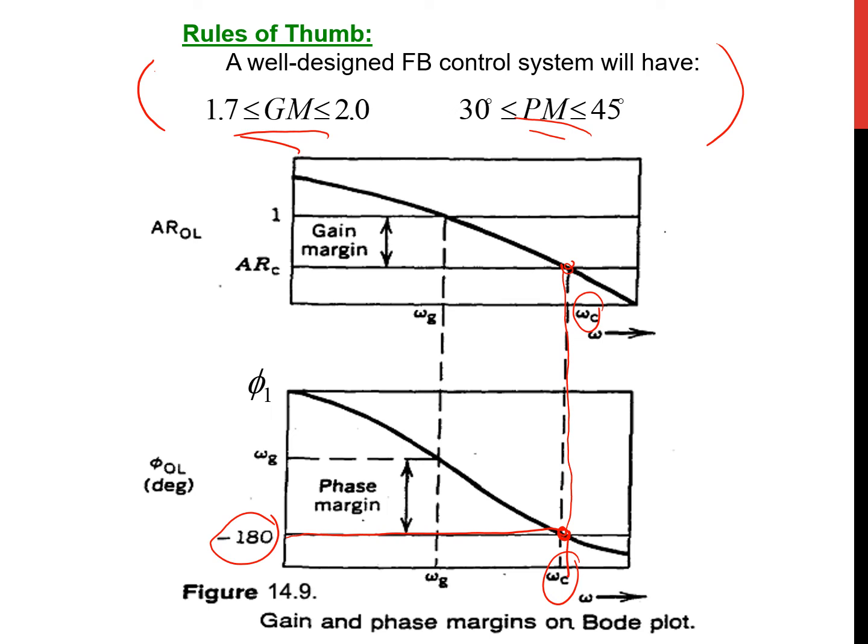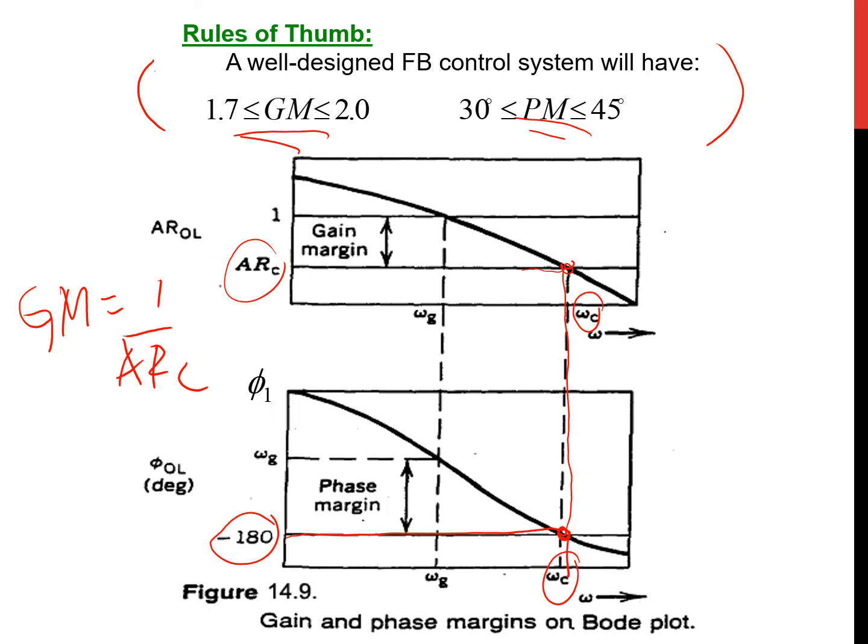So you reach the WC, then move to the AR line, and you get your ARC, where the GM equals 1 over ARC. That is the formula, so from here we can get the value of the gain margin.